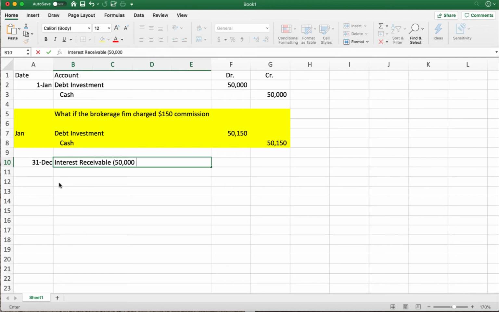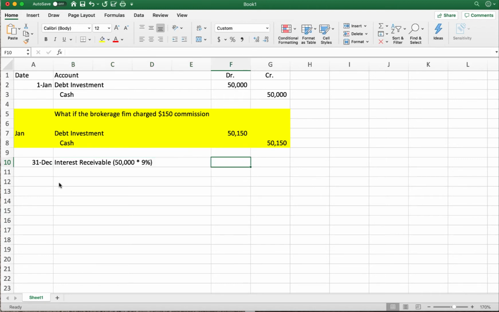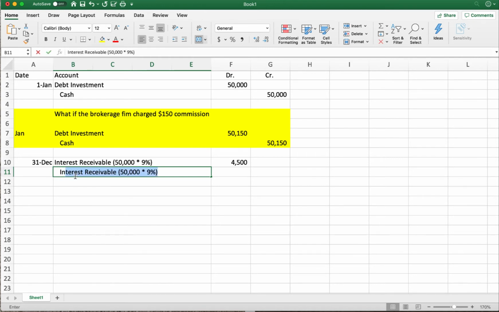Face amount of the bonds times the 9% equals $4,500, okay? We need to credit revenue because we earned revenue. What kind of revenue did we earn? Interest revenue. Okay? And we're going to credit it for the same amount.